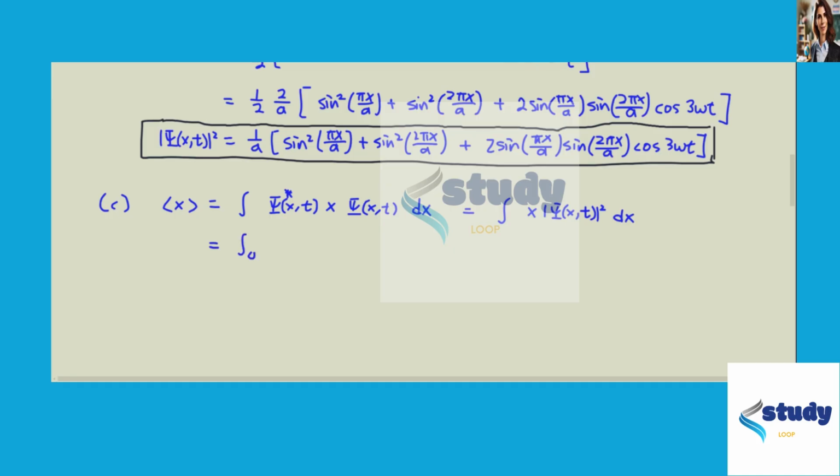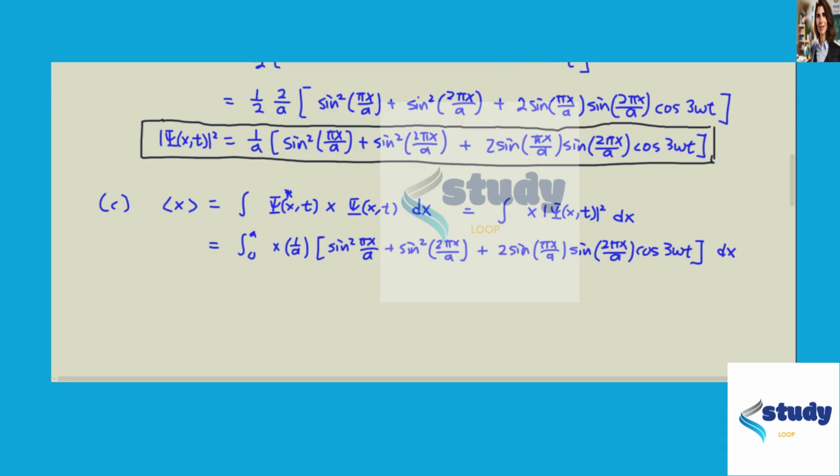Go from 0 to a, x times 1 over a, sine squared pi x over a plus sine squared 2 pi x over a plus 2 sine pi x over a sine 2 pi x over a cosine 3 omega t, and then dx.